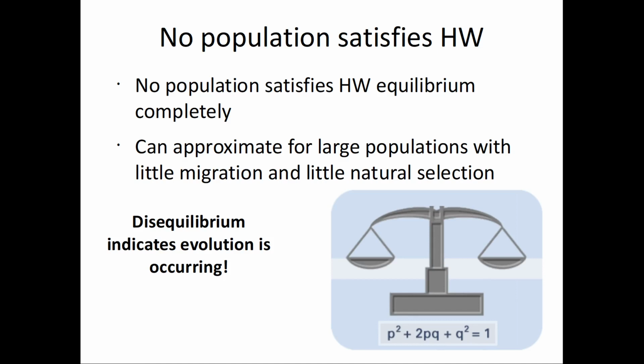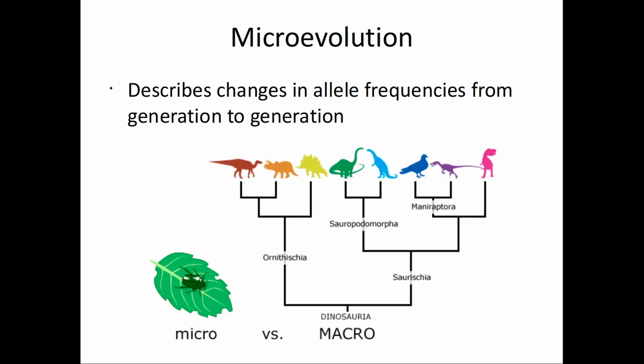If it differs from Hardy-Weinberg equilibrium, then it's in some form of evolution. In other words, all populations are undergoing some degree of evolution because they're not in Hardy-Weinberg equilibrium. All right, so yes, disequilibrium indicates evolution is occurring.